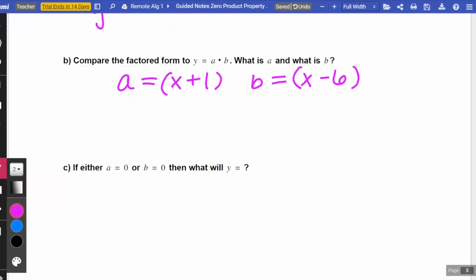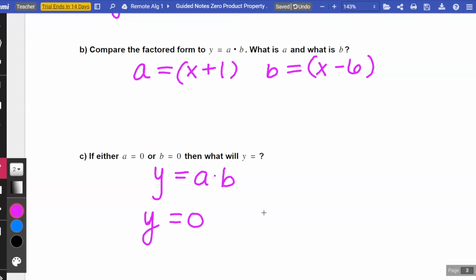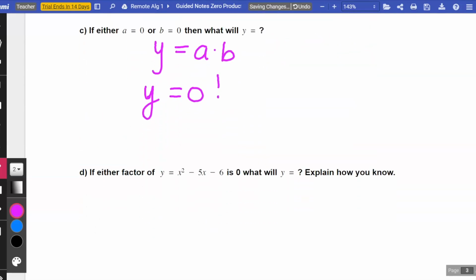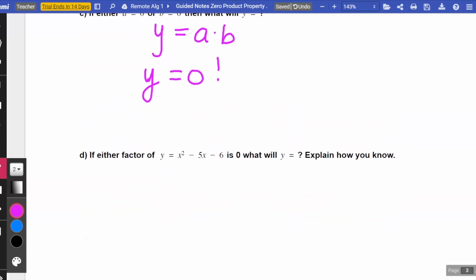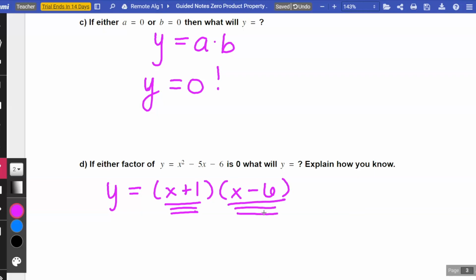If either a equals 0 or b equals 0, then what will y equal? And y equals a times b. If a is 0 or b is 0, what is y? 0. If either factor of y equals x squared minus 5x minus 6 is 0, what will y be? So if either factor, here's my factors, are 0, if x plus 1 is equal to 0, like if our a is 0 times our b, x minus 6 is 0, what is y always going to be?